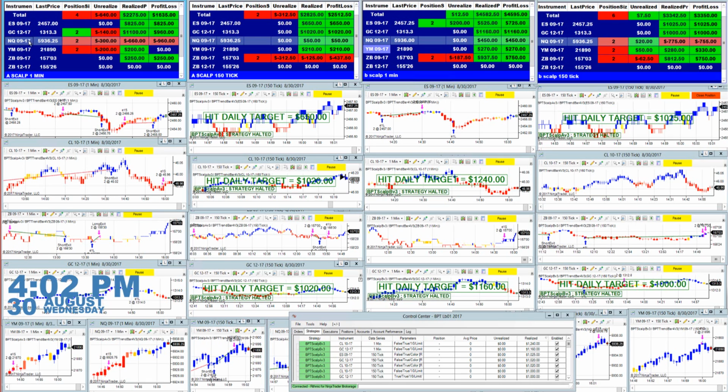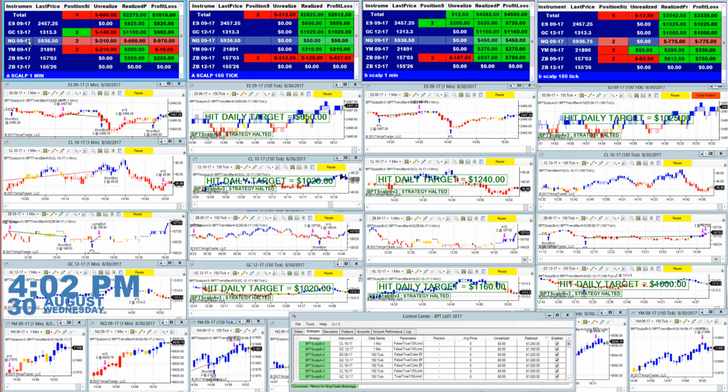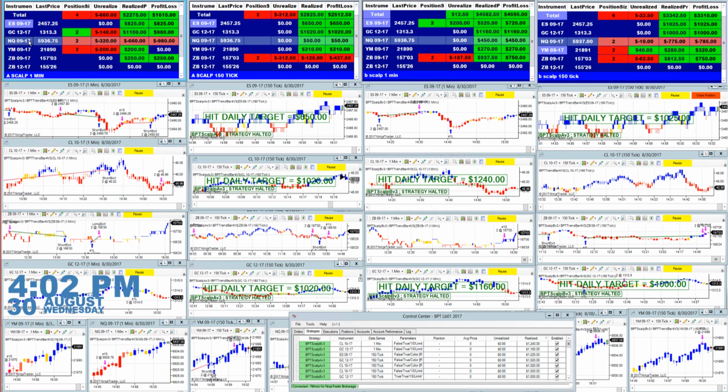As an example, you say, I want to trade the NASDAQ today, and I'm only taking 3 trades. We are limiting ourselves to 3 trades on the NASDAQ with a 10-tick stop loss.